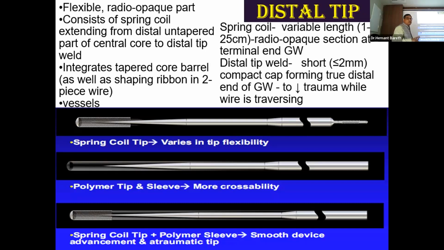There was one wire called Cross wire, which was basically a polymer wire, and you could use that for picking up these micro channels. Nowadays, Fielder FC wire is something like that, which has got a polymer thing, and you can cross it. And then there could be an intermediate type where you not only have a coil, but you also have a polymer coating.